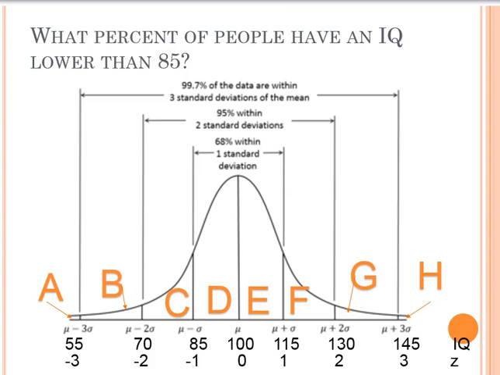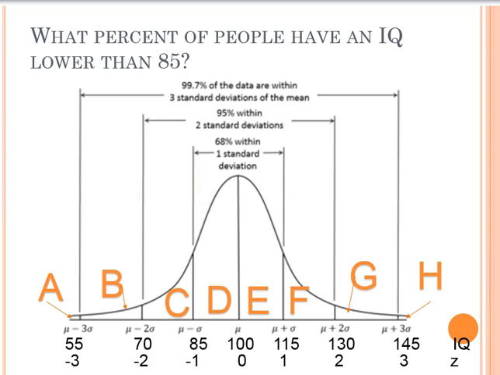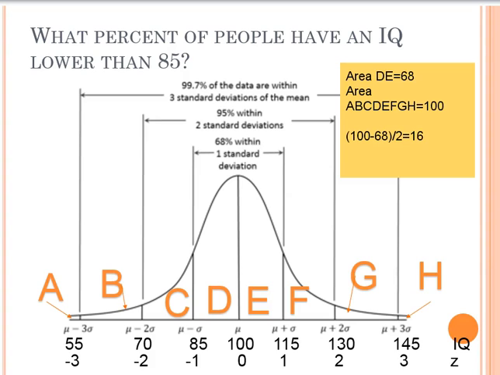Let's try something a little bit harder that uses our 68-95-99.7 rule. So here in this question, we want to know what percent of people have an IQ lower than 85. So 85 is associated with a z-score of -1, and that's going to be useful for us because we know that 68% of the population has to fall within one standard deviation. But this question asks for everything that's below 85.